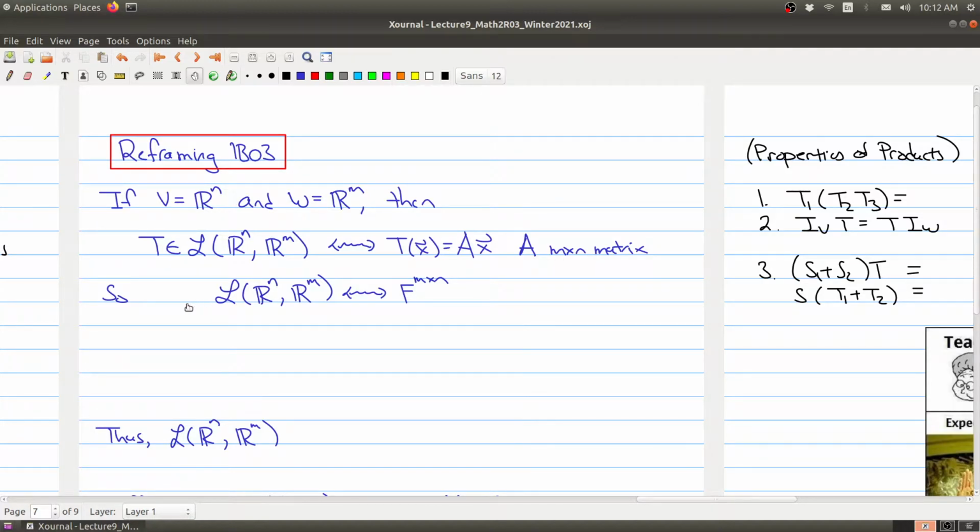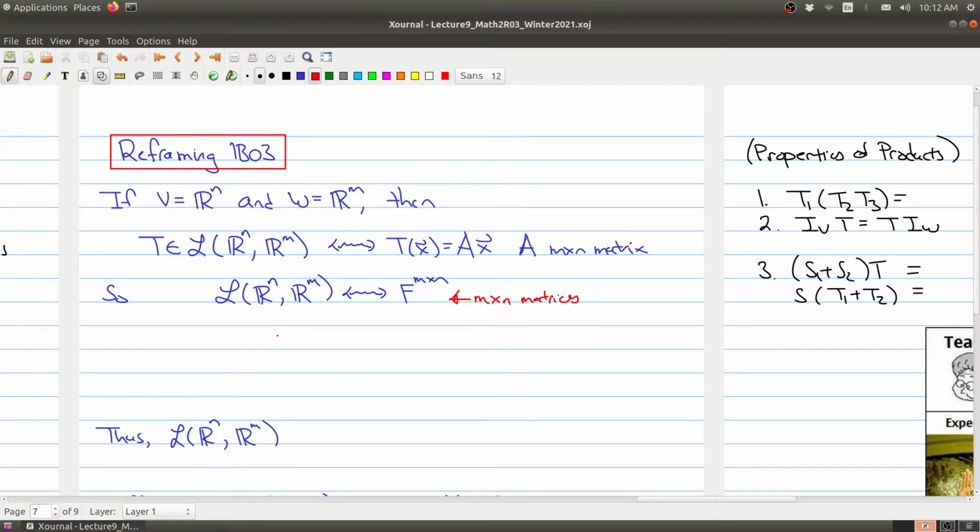So what you should be thinking about is you have your vector spaces Rn and Rm, and you're looking at all the linear maps from Rn to Rm, and somehow you're identifying that set with, using the notation of our textbook, the set of all m by n matrices.